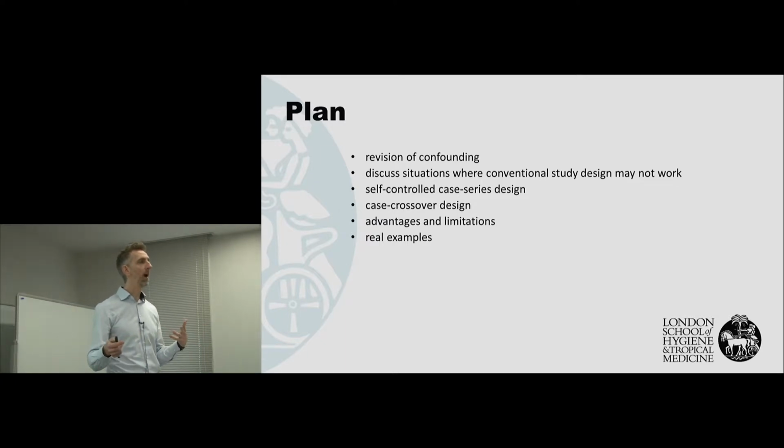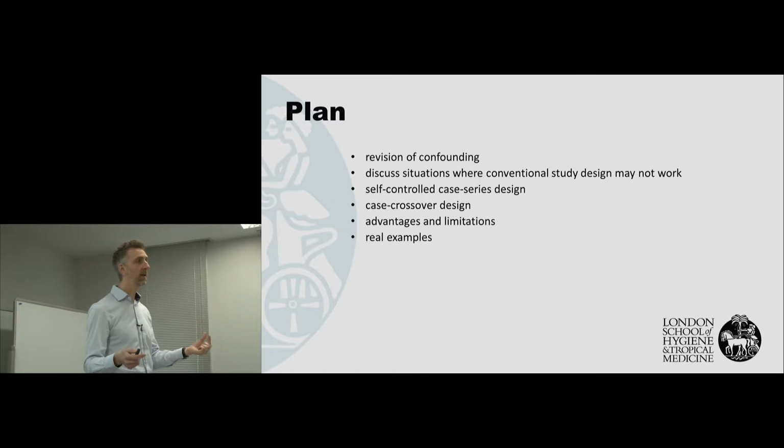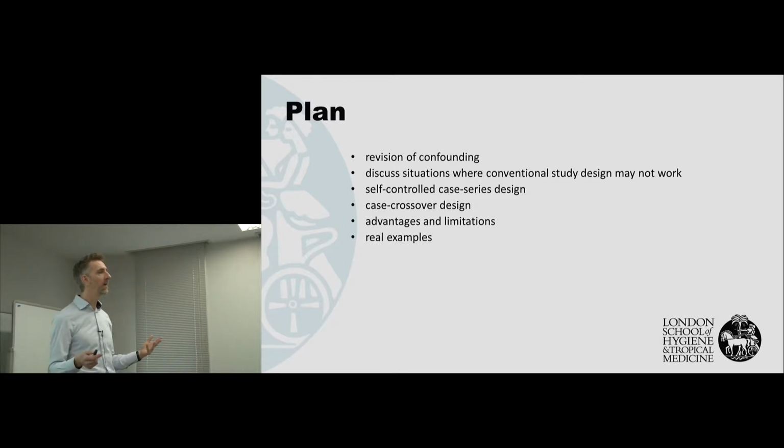And we'll talk about how two particular self-controlled methods, the self-controlled case series and the case crossover design, work, and I'll give you some examples of each of them. We'll talk about the advantages and limitations as well.